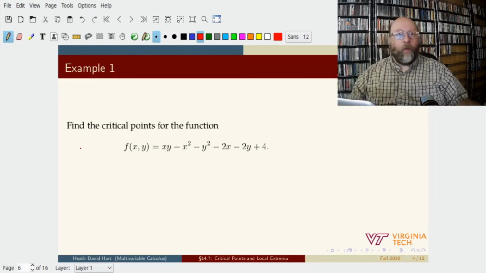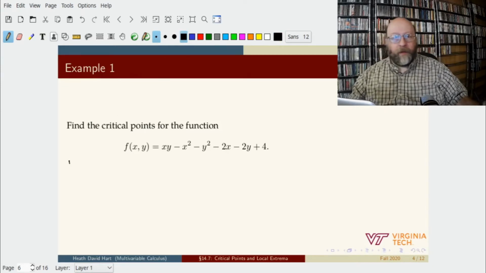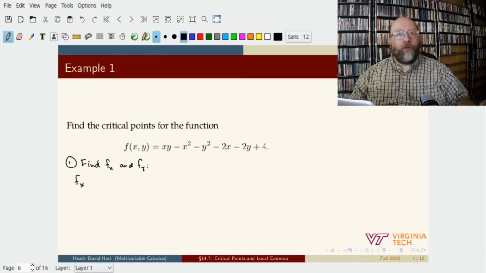And so what we need to know first is what the partial derivatives are. So the partial derivative in the x direction is y minus 2x minus 2. And the partial derivative in the y direction is x minus 2y minus 2.